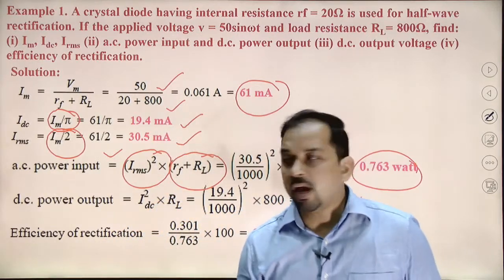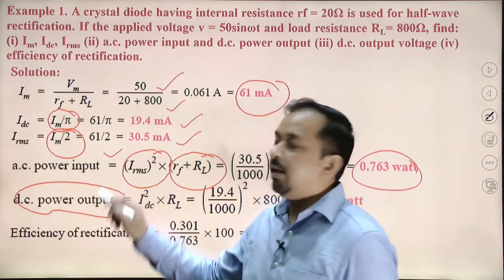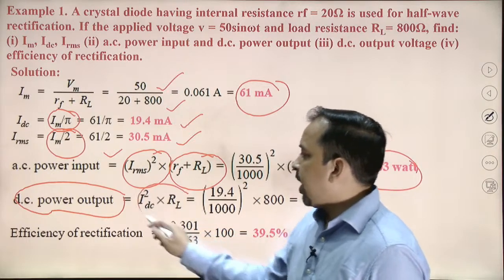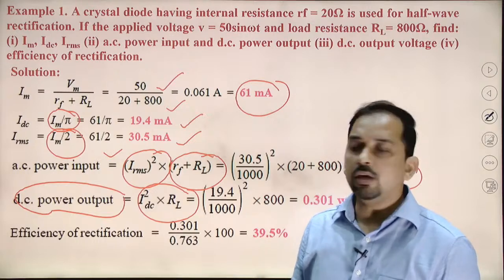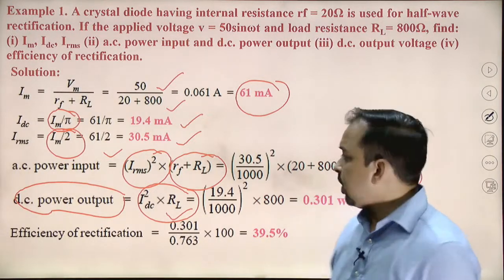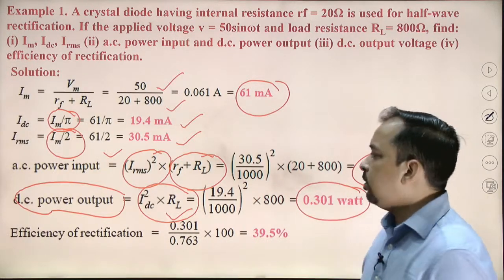Similarly, with IDC, we can calculate the DC power. DC power is again I square R, but as we are aware, on the output side we have only the resistance RL, so we get IDC square multiplied by RL. By calculation this result will be around 0.301 watt.